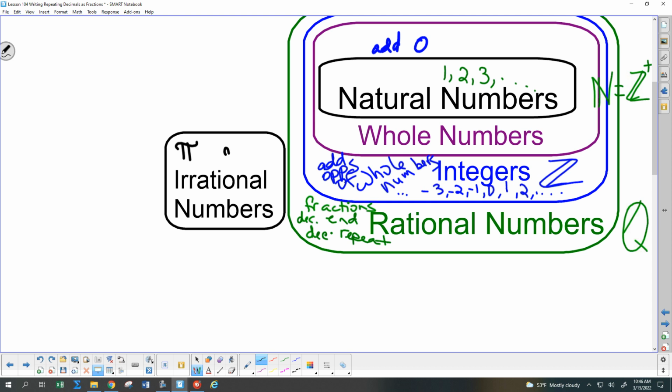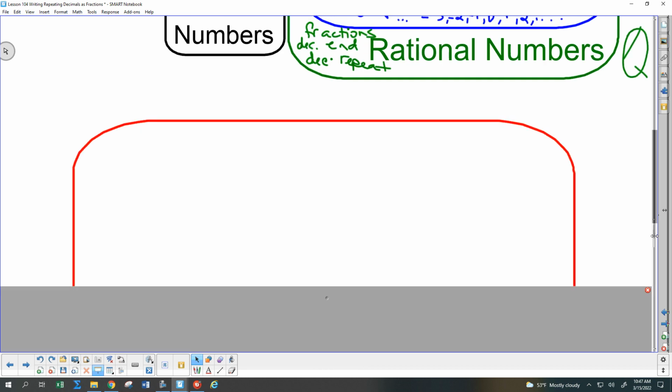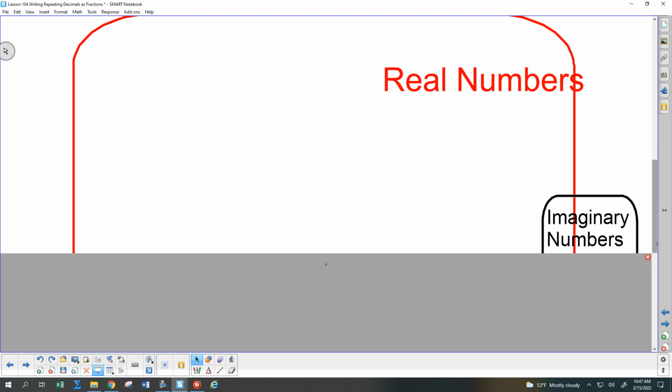So square roots that cannot be simplified. If I wanted the square root of 16, that is 4, so that is a whole number, even if I write it in a weird form. Now, if we take all of the rationals and all of the irrationals, those are our real numbers.